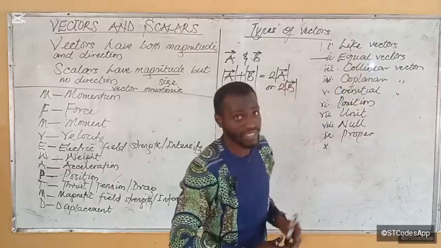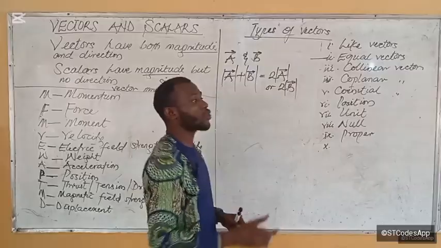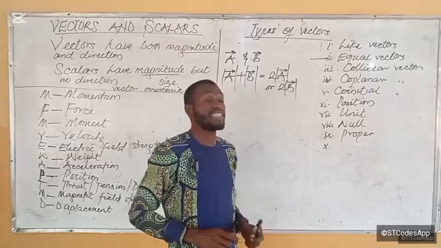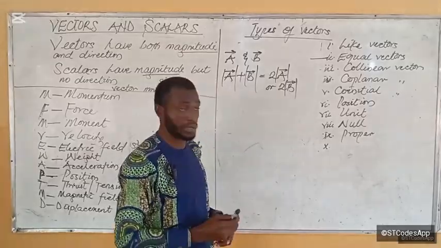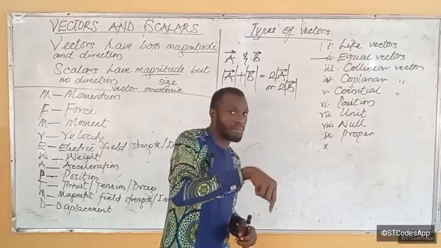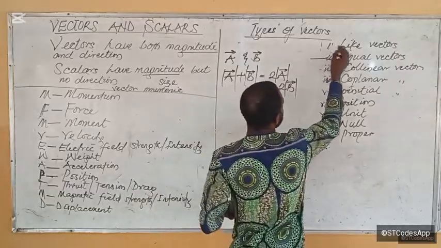Now, what are like vectors? Like vectors have the same direction, but they are not necessarily equal in magnitude. Let me take that again. They have the same direction.